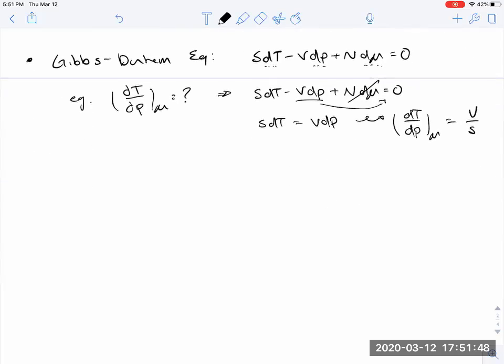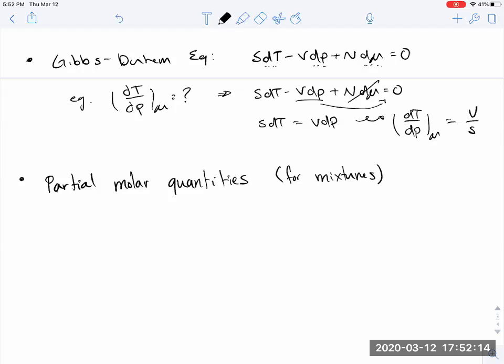Another consequence of extensivity is that it lets us construct so-called partial molar quantities, which are useful objects for mixtures, systems with multi-components. For example, we reminded ourselves a second ago that the volume is an extensive function.